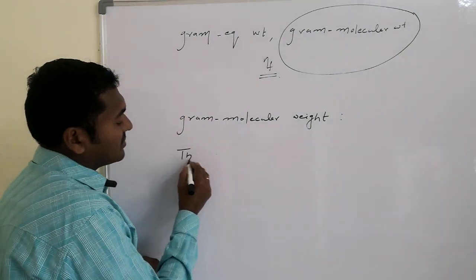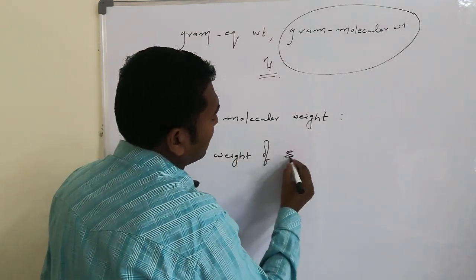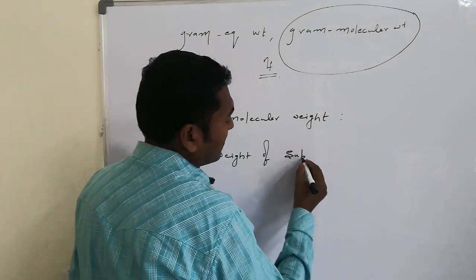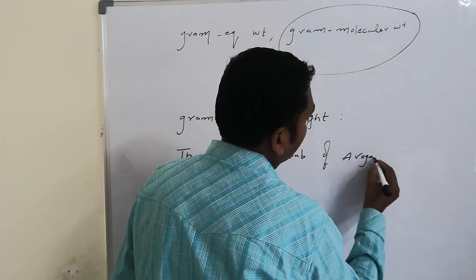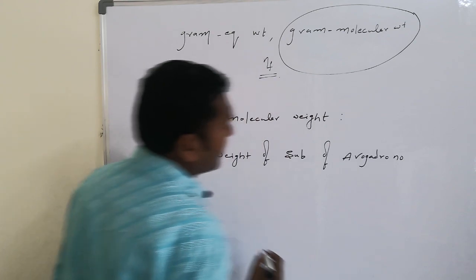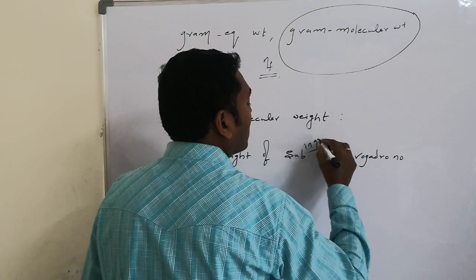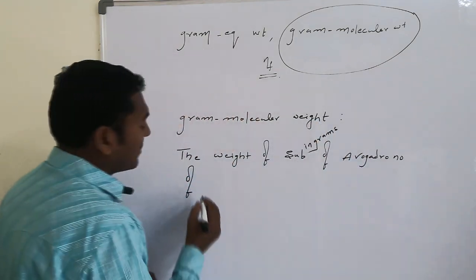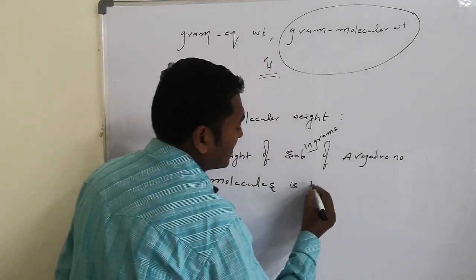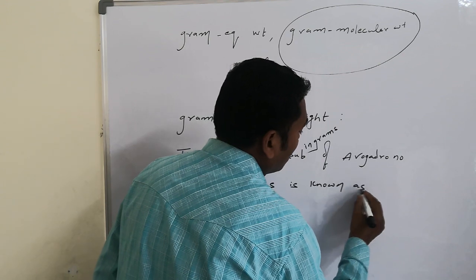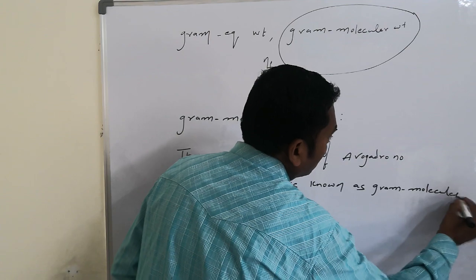The weight of a substance in grams of Avogadro number of molecules is known as gram molecular weight. This is gram molecular weight.